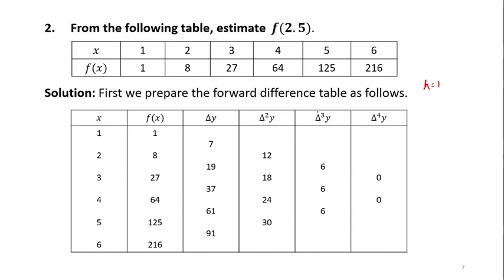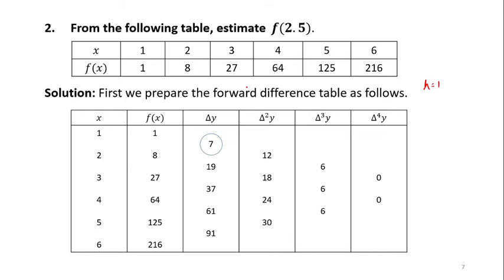To get the third forward differences, 18 minus 12 is 6, 24 minus 18 is 6, 30 minus 24 is 6. These are the third forward differences. Now delta power 4 of y, 6 minus 6 is 0, 6 minus 6 is 0. Similarly, if we calculate delta power 5 of y, it is 0 minus 0, that is 0.